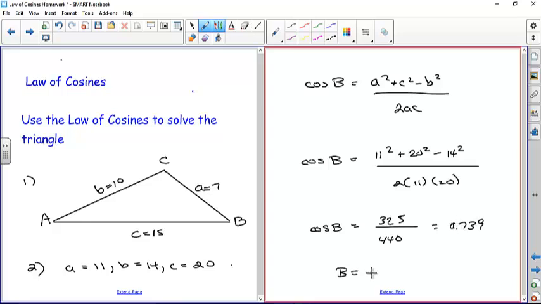So B is the inverse cosine of 0.739, and I get 42.3 degrees.